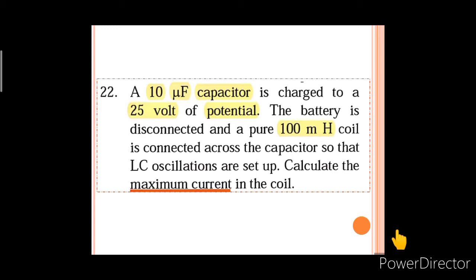Calculate the maximum current in the coil. Over here the value of the capacitor is given as 10 microfarad, which is charged to 25 volt, and when the battery is disconnected and a pure 100 millihenry coil is connected across the capacitor, LC oscillations are set up and we have to calculate the maximum current in the coil.